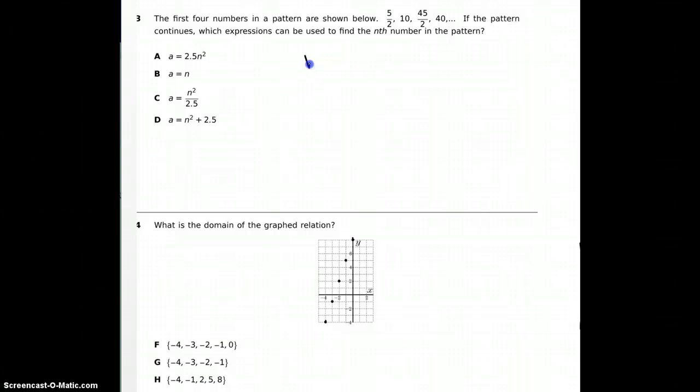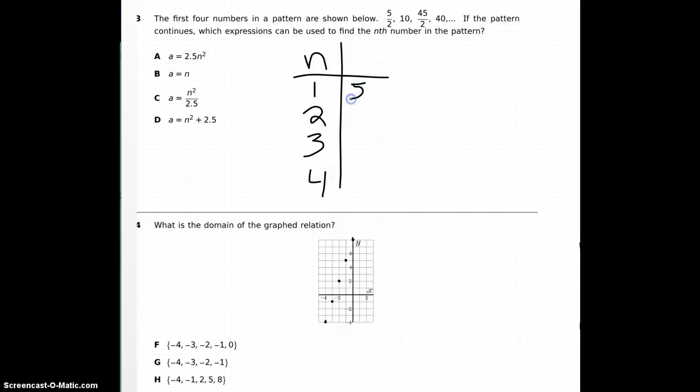So I'm going to begin by first drawing myself a table. In this problem, I'm going to have 4 n's because I have 4 different numbers. My first number is 5 halves. My second number is 10. My third number is 45 halves. And my fourth number is 40.